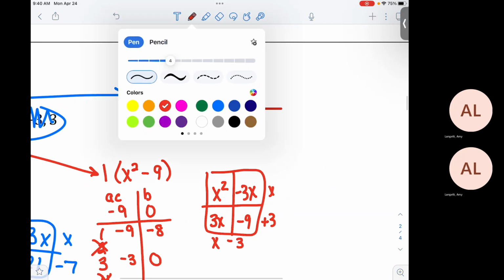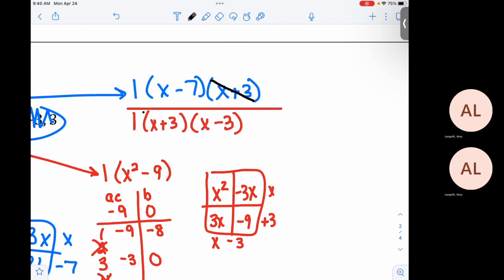That's right. The common factors of x plus 3 cancel out. Your final answer will be 1 with x minus 7 and what won't the keystones have? Yep, and since the ones won't be there, there we go.